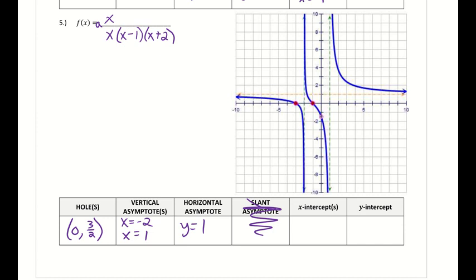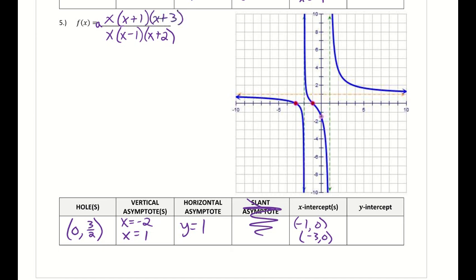So we take a look at our x-intercepts. We've got -1, and then we also have -3. So those will go in the numerator. So we have an x plus 1 and an x plus 3.